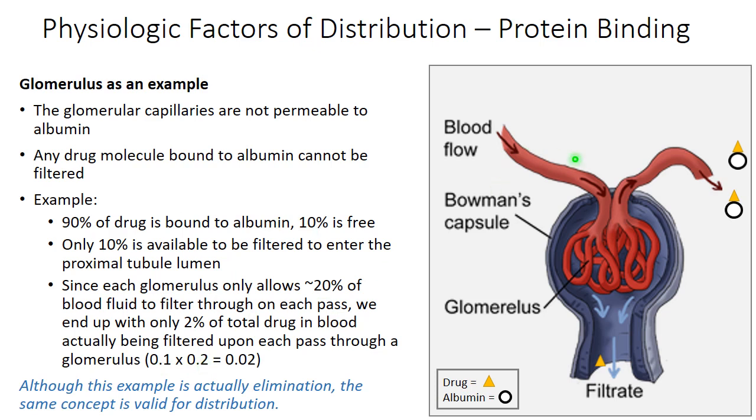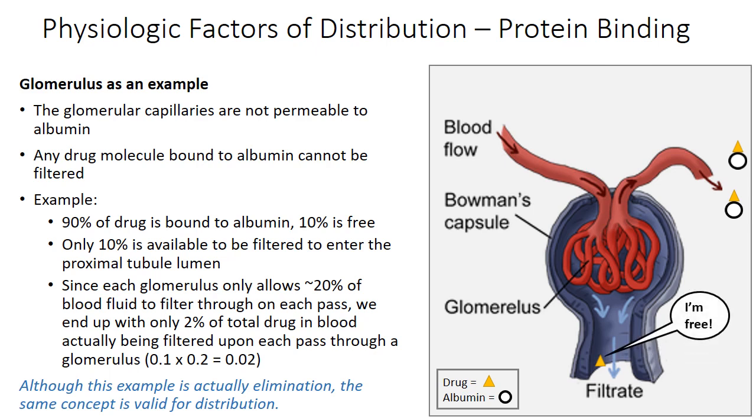So 20% of fluid goes through, so 20% of the drug goes through as long as it's not bound to albumin. All that means in the end is that only 2% of the drug available in this afferent arteriole will actually get filtered on this first pass through. So it's very limiting. Albumin binding is very limiting on drug filtration in the glomerulus. Okay, so hopefully that makes a lot of sense.